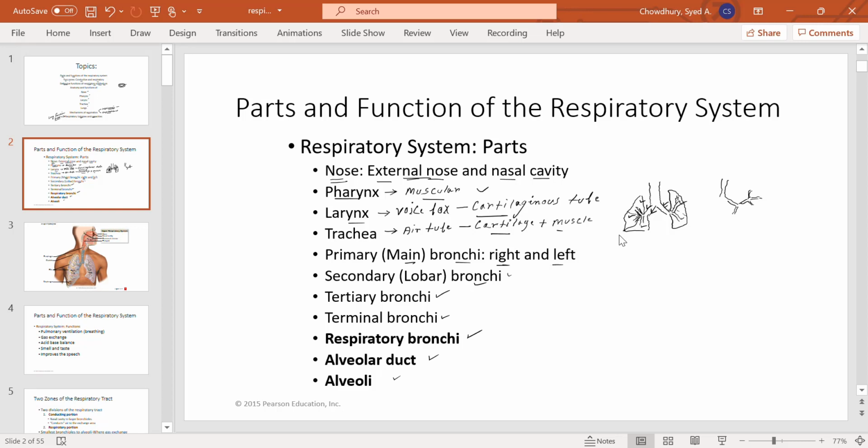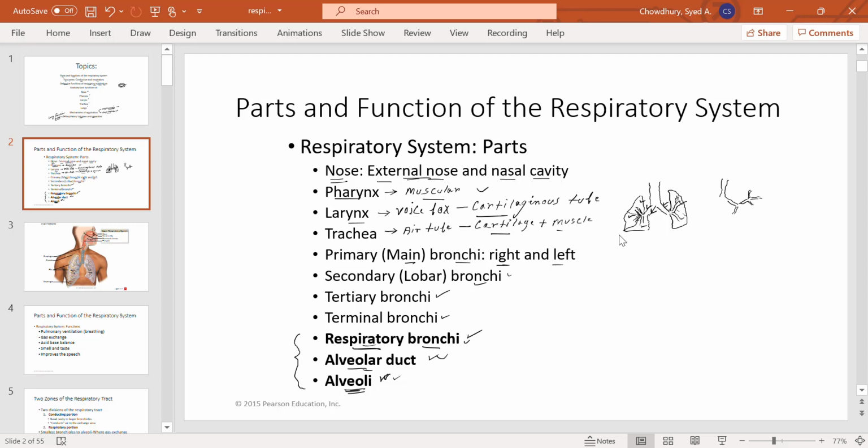Now gas exchange takes place through the wall of these last three structures, okay, through the wall of the respiratory bronchi, that's why called respiratory, and alveolar duct and alveoli. Most of the gas exchange takes place through the wall of the alveoli, but a small amount through the wall of the respiratory bronchi and alveolar duct.